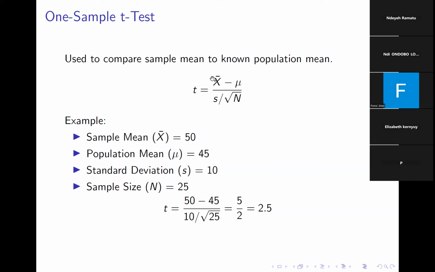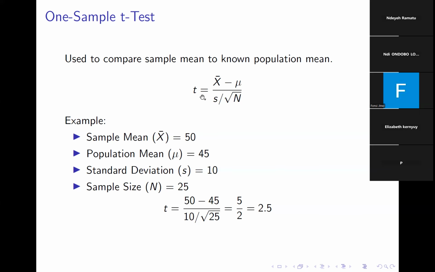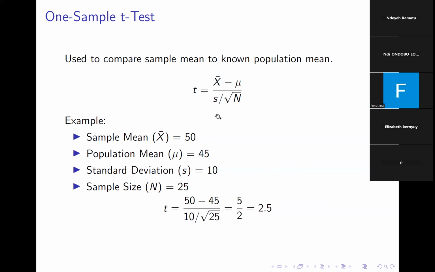The same mean that we showed here, where you add and divide by the total number, is the same mean that we're using here now. The only difference is that this one is for a sample and one is for a population. And the same standard deviation that we showed here, which is the square root of the variance, is the same that we're using here now.